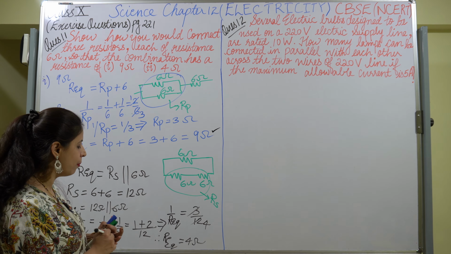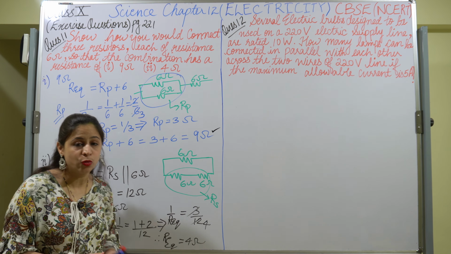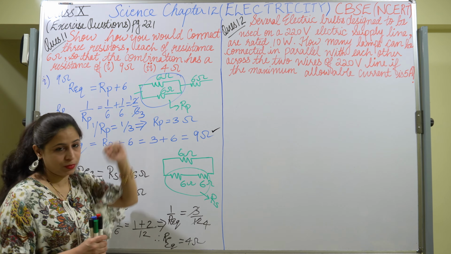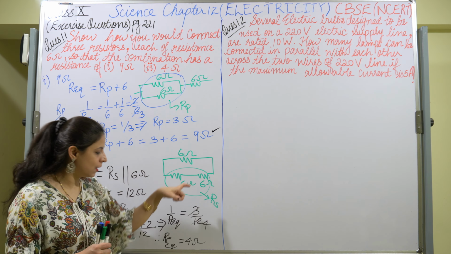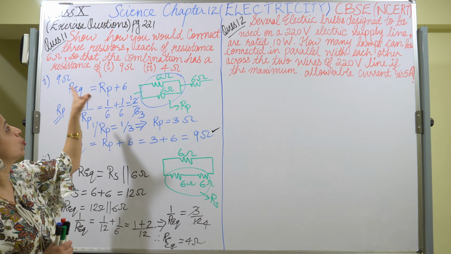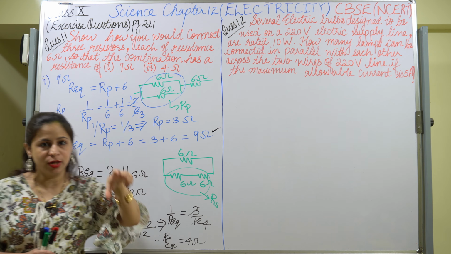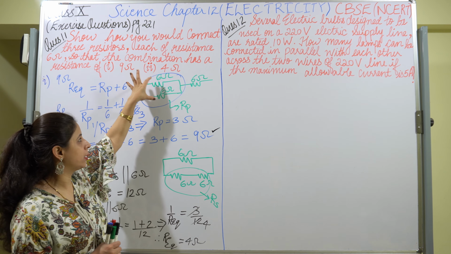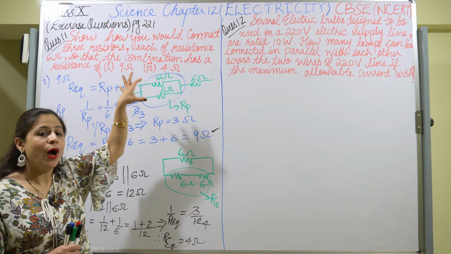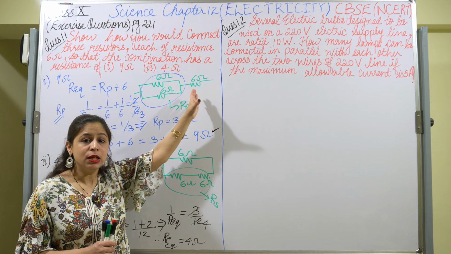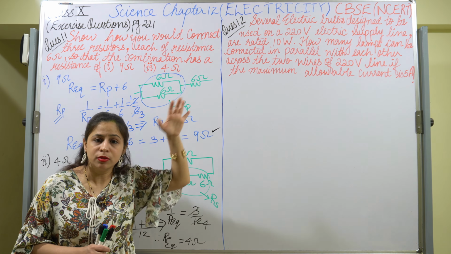So this combination is what we needed to find, one that gives us 4 ohms, and this combination is giving us 4 ohm. They have asked in the question to show how you would connect the 3 resistors. For 9 ohm, we connect 2 resistors in parallel, and then connect this in series with the left out third resistor.